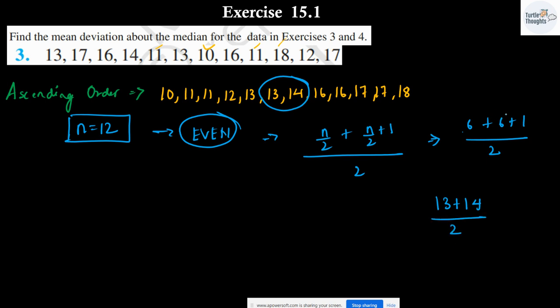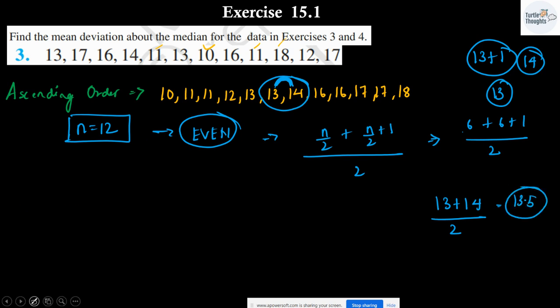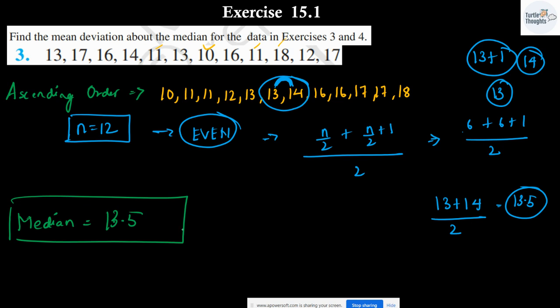The median you can take as the mean of these two numbers, 27 divided by 2, it is going to be 13.5. So the median I have got is 13.5.